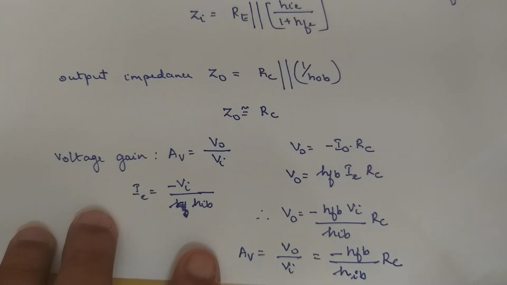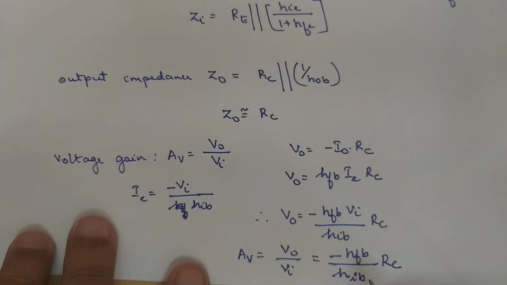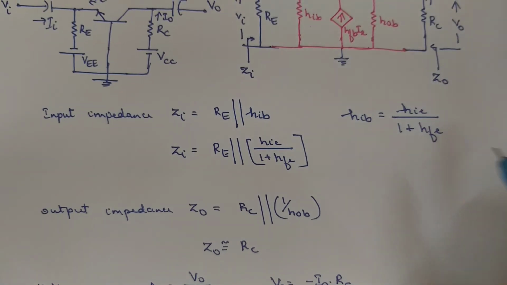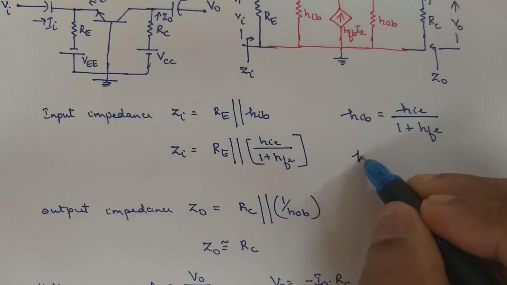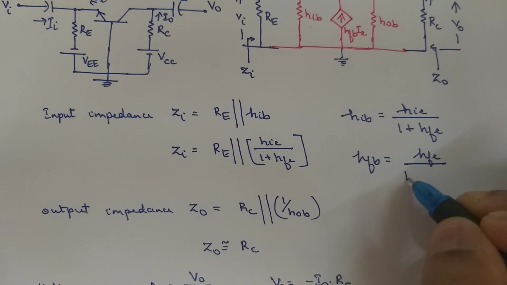Now converting this from common base to the common emitter parameters. HIB is nothing but HIE divided by 1 plus HFE, and HFB will be equal to HFE divided by 1 plus HFE.